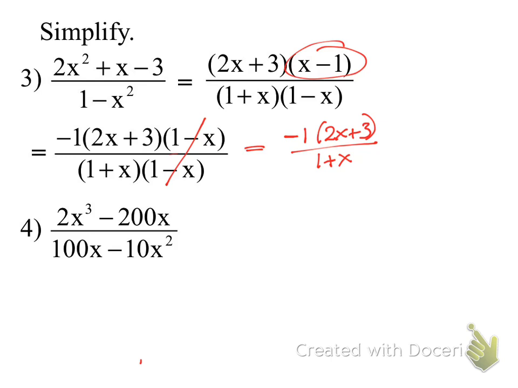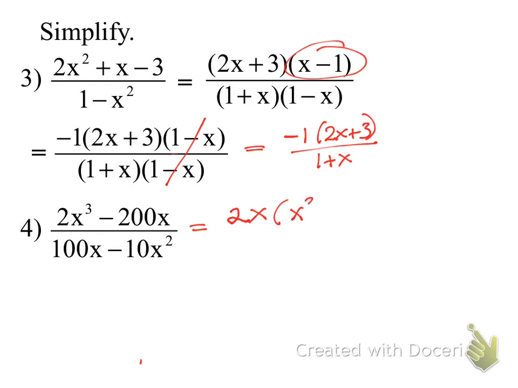Okay, what do I do first? Step 1. How about Noah? So first, in the numerator, you would do GCF, which would be 2x. And what's left?